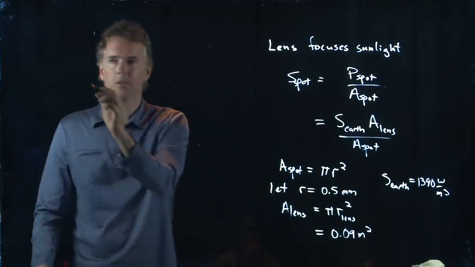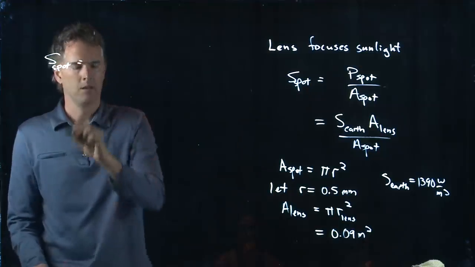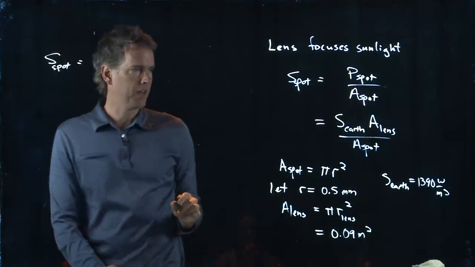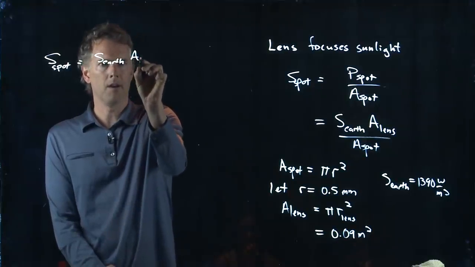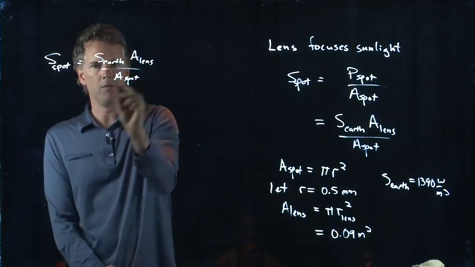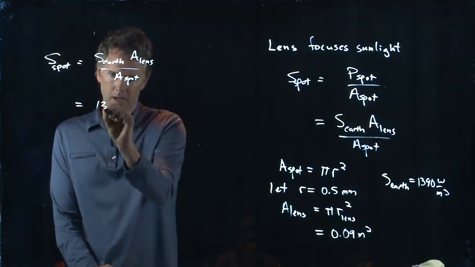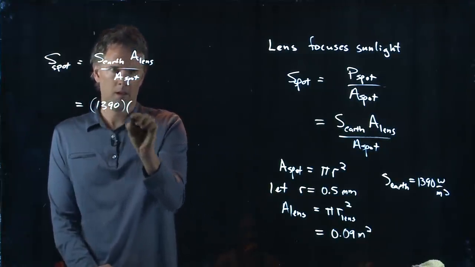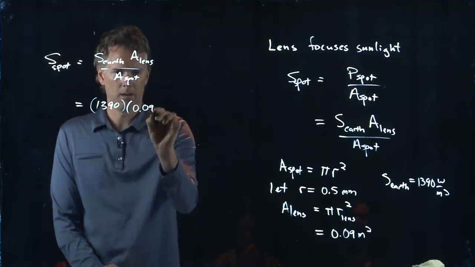Okay, so the intensity at the spot is going to be S at the Earth, area of that lens, divided by the area of the spot. And S at the Earth we said was 1390. Area of our lens we said was 0.09.